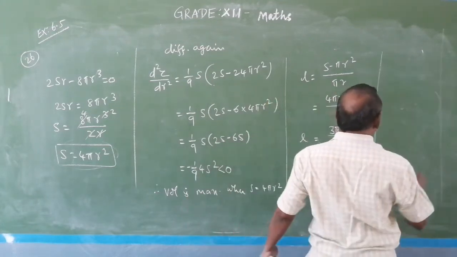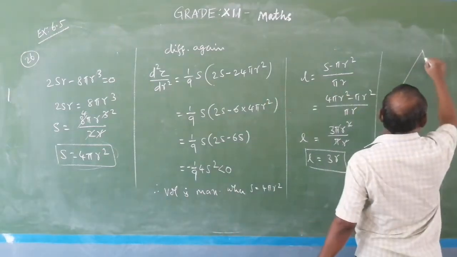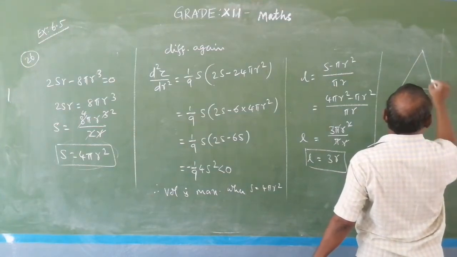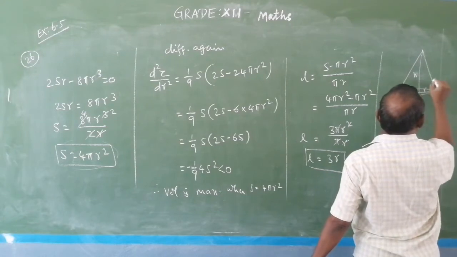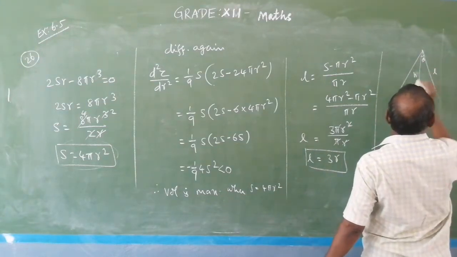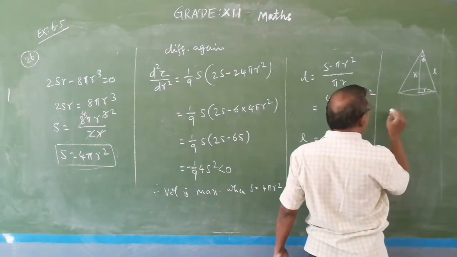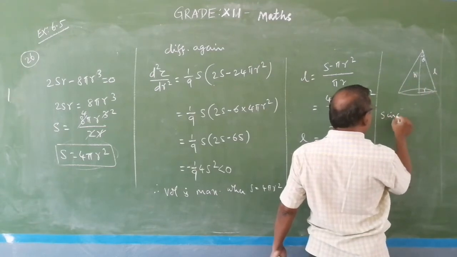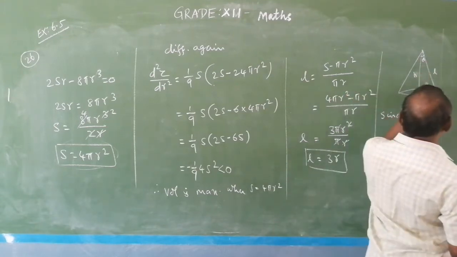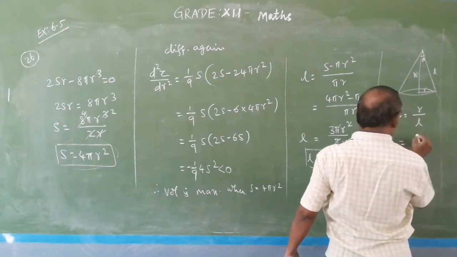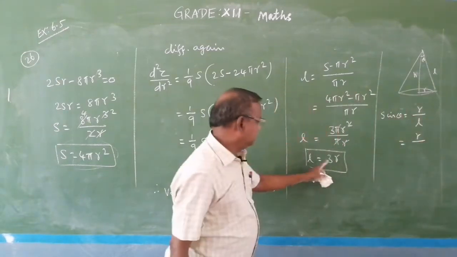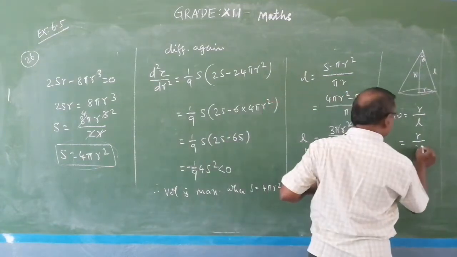Now, the slant height, again consider the diagram. This is r and this is h, r, L, the semi vertical angle is theta. Now, sin theta equal to opposite by hypotenuse, that is r by L, which is equal to r by 3r, L equal to 3r.